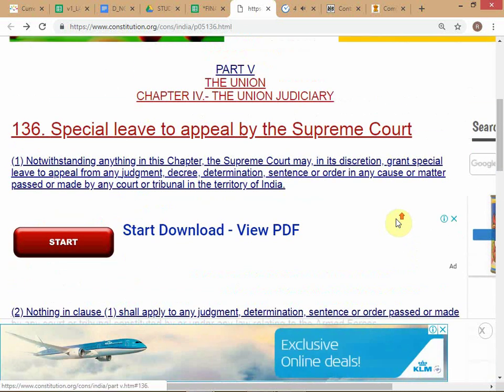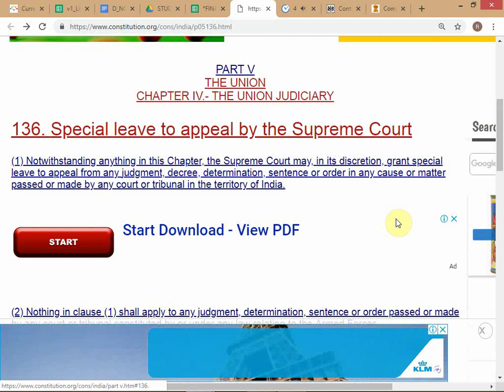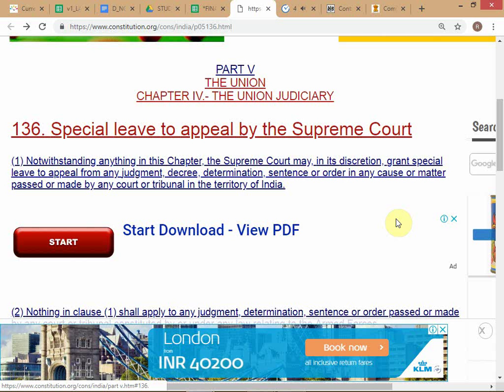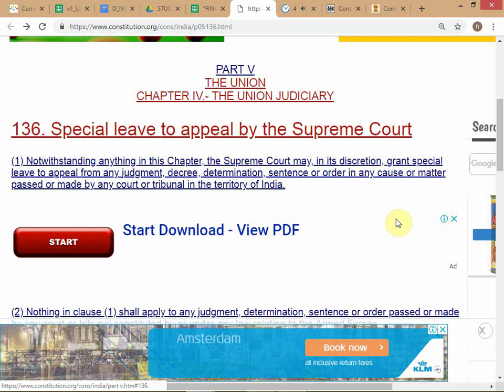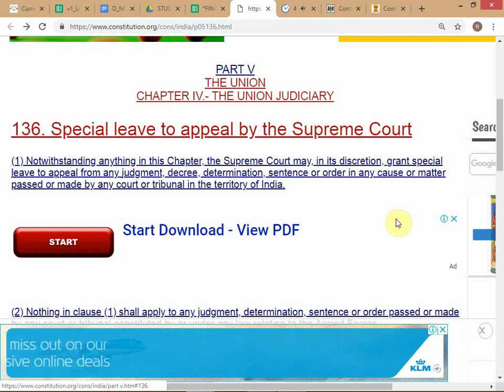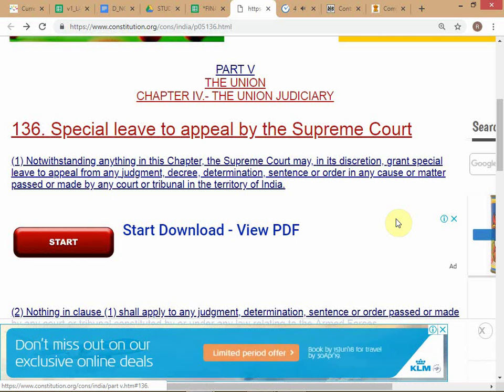Now, are you following the structure? The main clause for the High Court to certify is under 134A. 134A is to be read with 132 if it's a constitutional question, with 133 if it's a general civil law question, and 134 if it's a criminal law matter.